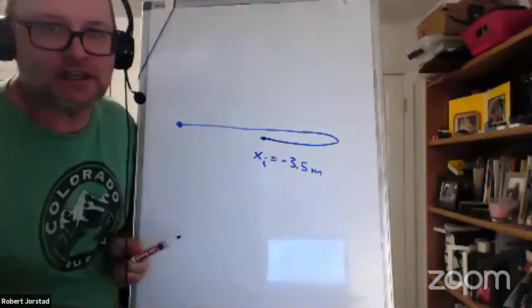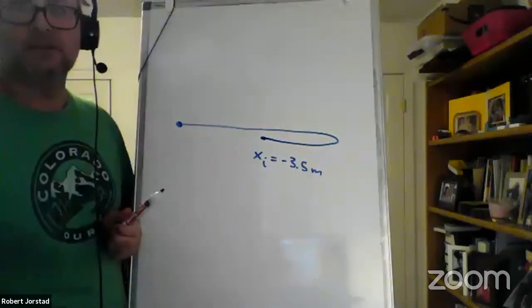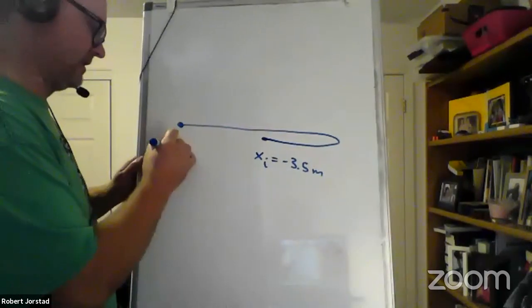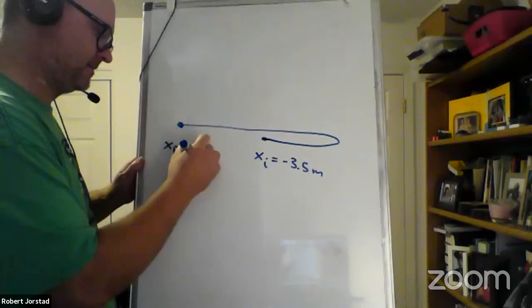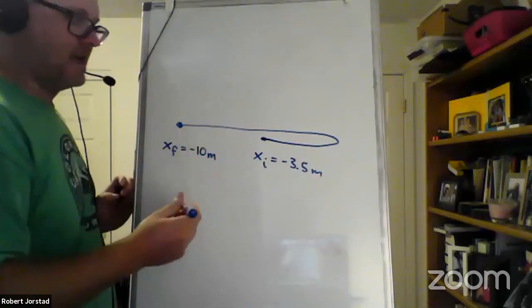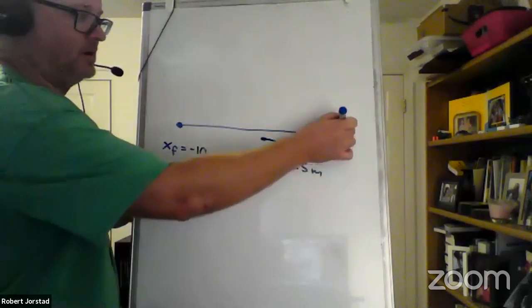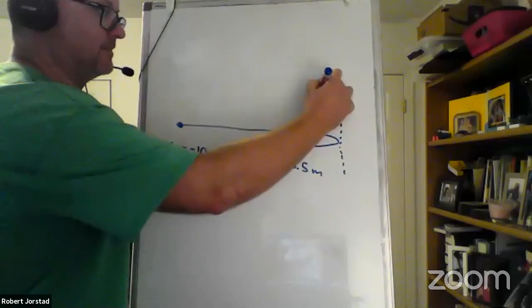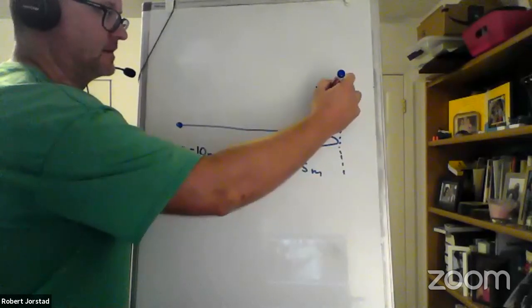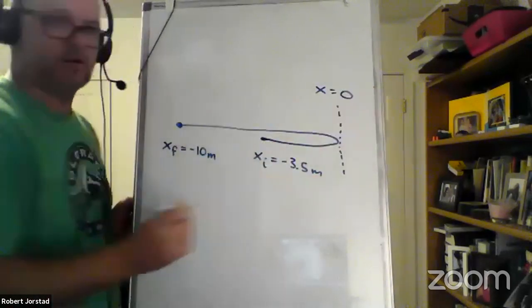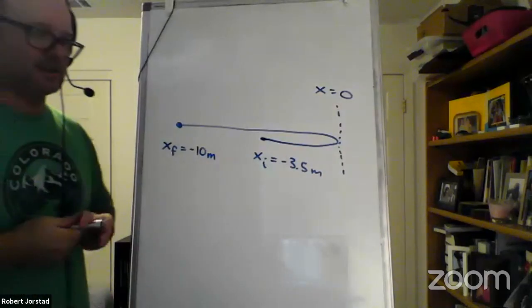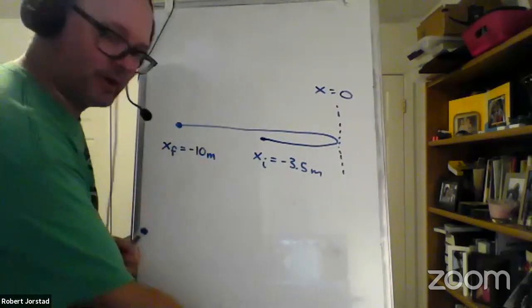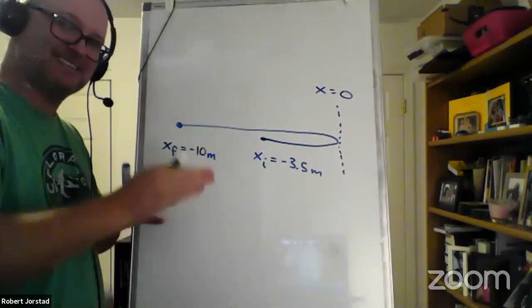I think the final was negative 10, yeah. So x final here, and I don't know if you remember, he almost made it to the origin, or x equals 0.